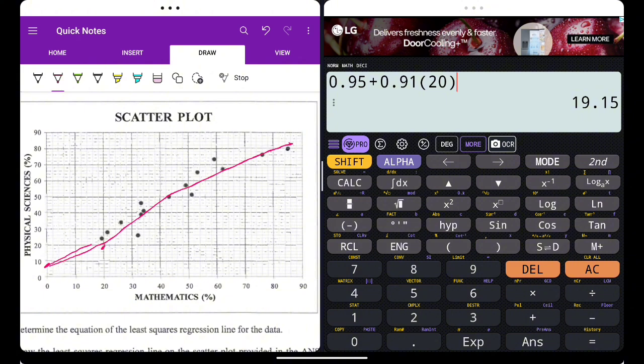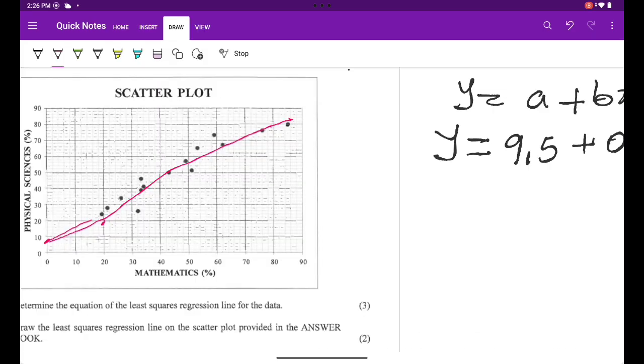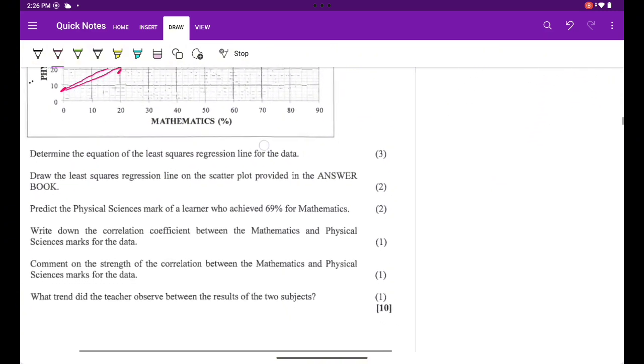But generally, if you don't use the equation that we have, you just get something that will be in between all these points, just something in between. So a line that will fit all these points there. Right, but in any case, that is our line of best fit. So that's what we have. So we go to the next question.